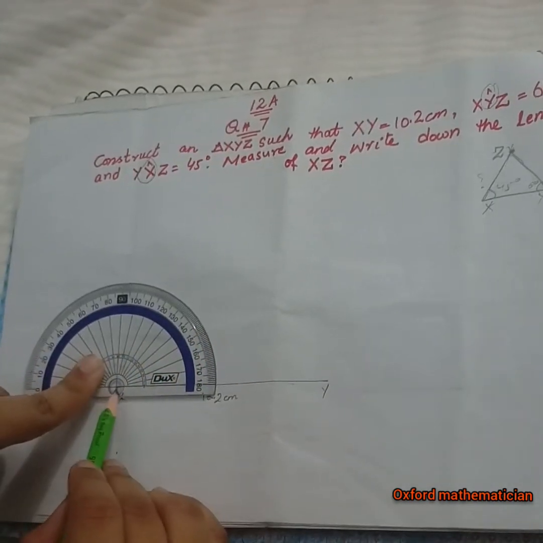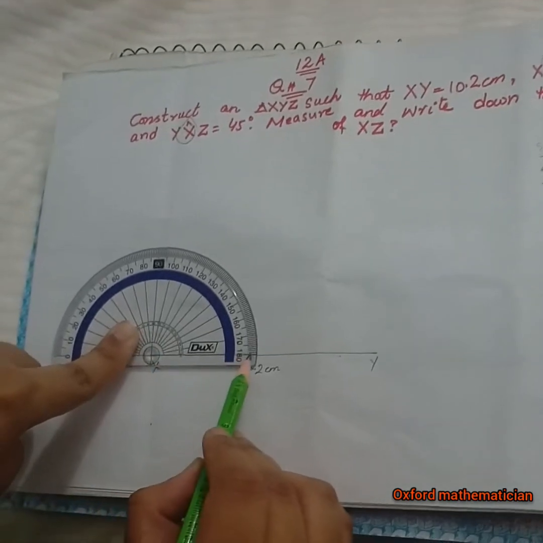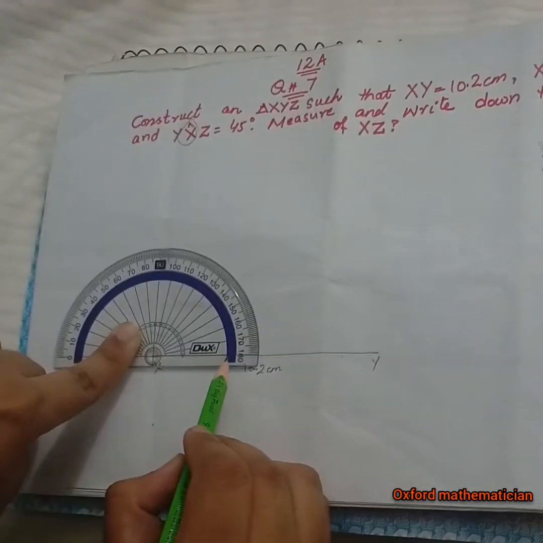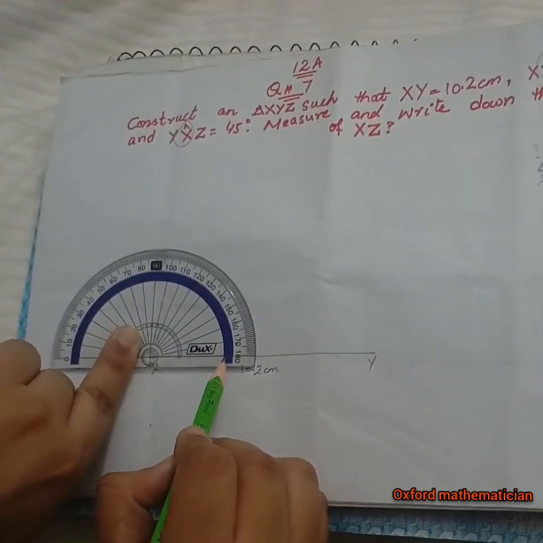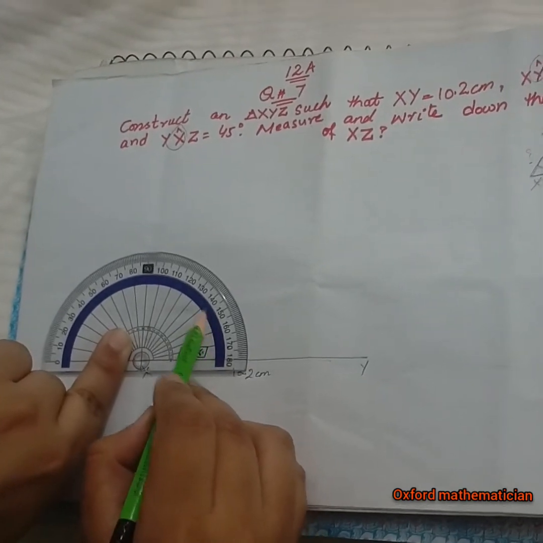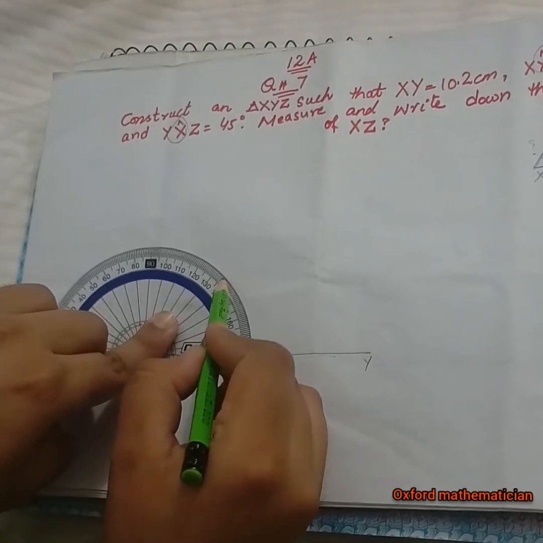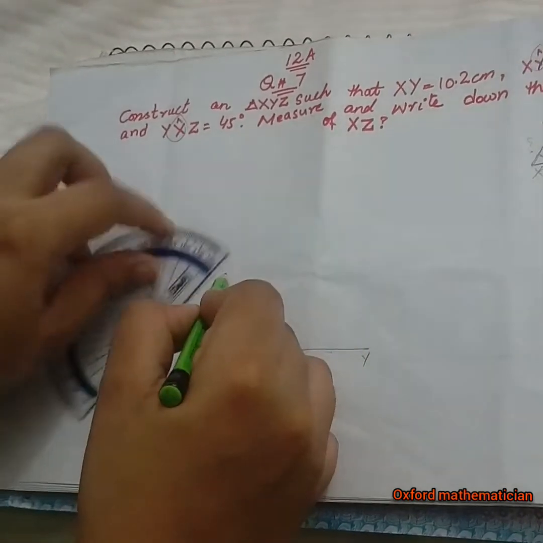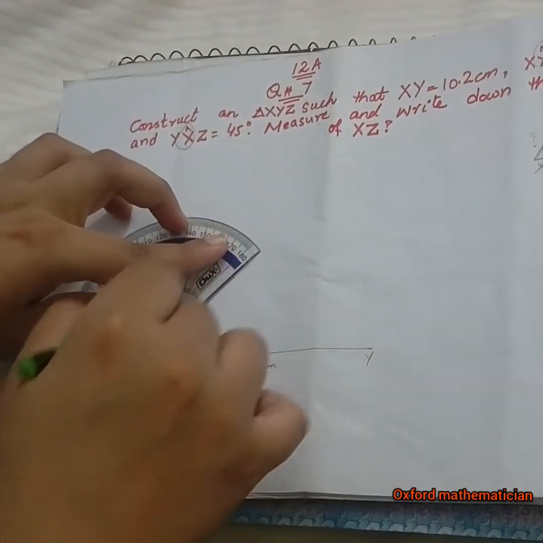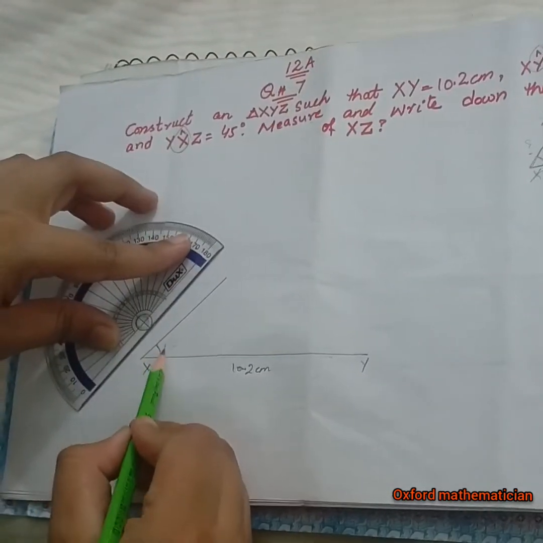From here is the pencil line direction, and here we start to count 0, 10, 20, 30, 40. Here is the 40 and here is the point 45. Now we join them. This is the line 45.